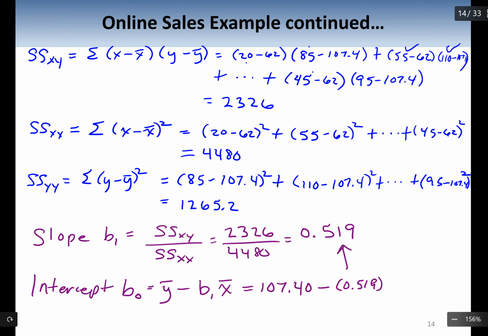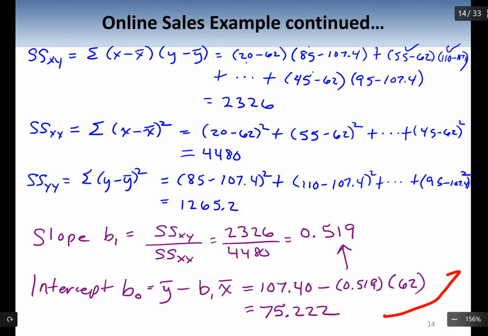That came from there. And our average x we know was 62 minutes. And that ends up being 75.222. So we have our intercept, we have our slope, and we can put that together and determine the least squares regression line.